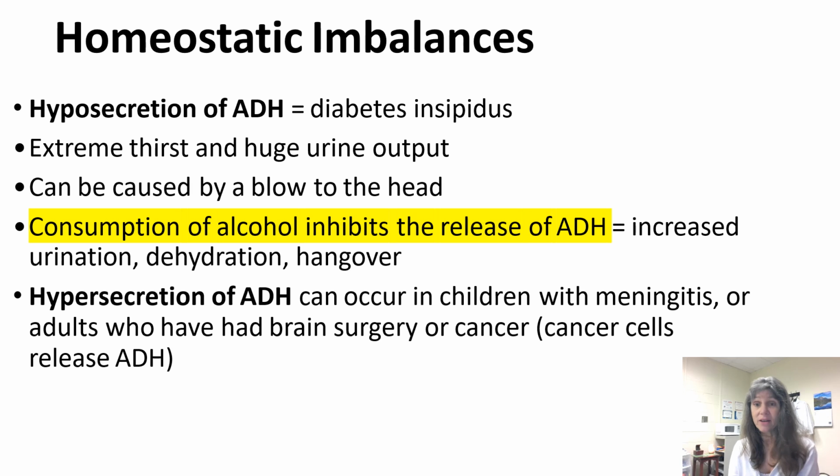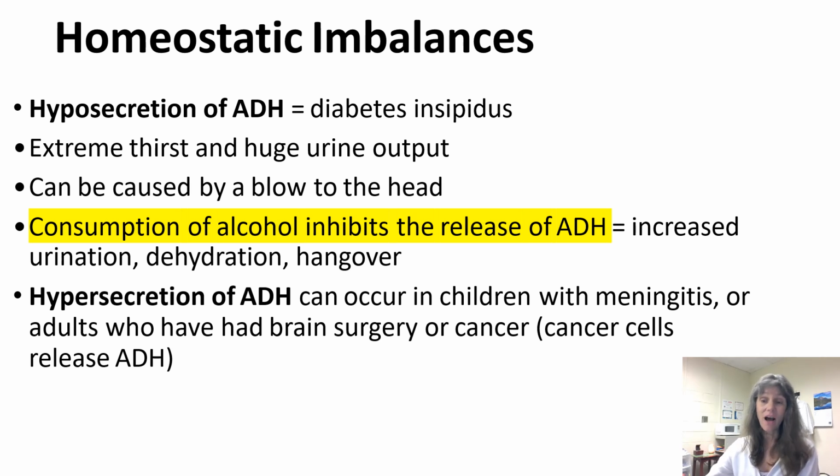We know that when people consume alcohol, that inhibits the release of antidiuretic hormone. And again, a person will be urinating more often, experience dehydration, and a hangover is actually the result of that dehydrated state a person experiences after consuming alcohol.